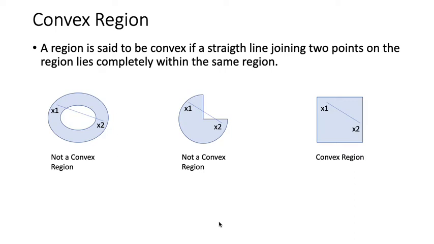If you look at these 3 examples here, the first 2 examples are definitely not convex regions because, as you can see, the line joining x1 and x2 doesn't completely lie within that region. In case of the third example, it is clearly a convex region.